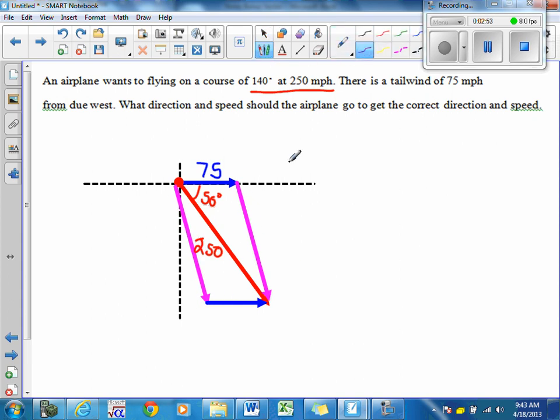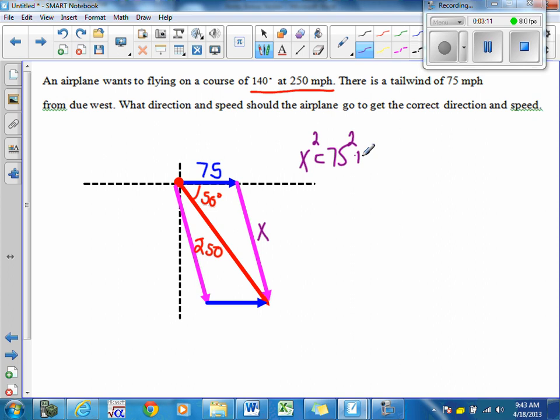So now the question is, what is this angle? What is our speed and direction that the plane should go so that the wind blows us on the correct heading? Well, we can do that with law of cosines.